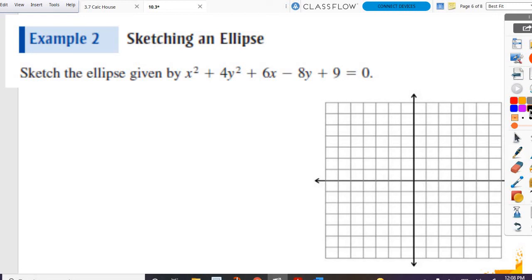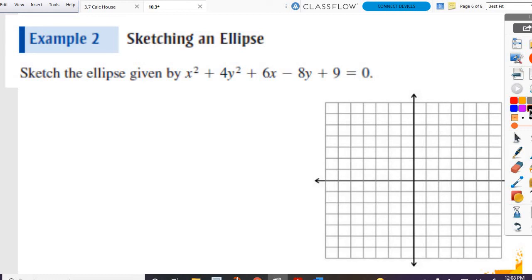So how did we do that with our parabolas? When we didn't have it in standard form and we wanted to put it in standard form, what did we have to do? So what's on top of each of our fractions? A squared, right? So if I have a perfect square, and I'm starting with something that's not a perfect square, how do we get to a perfect square? What's the process called?